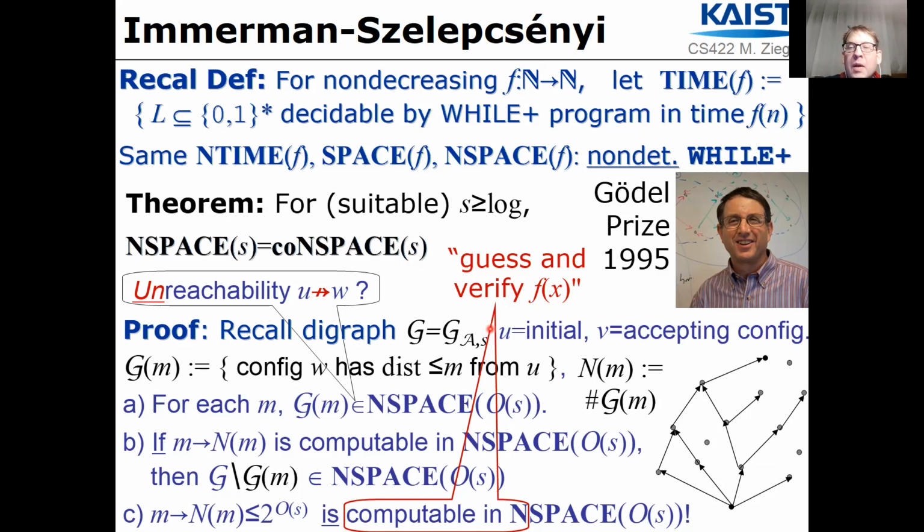That means we say that an integer function is non-deterministically computable in some time or memory bound if there exists a non-deterministic while plus program which can make guesses, and whenever these guesses lead to an accepting configuration and accepting computation, then the value output must be equal to that f.